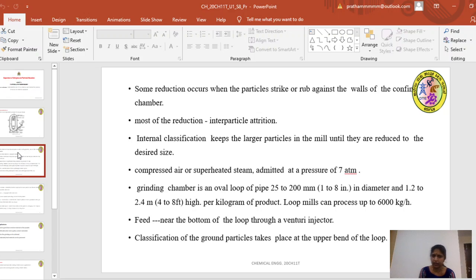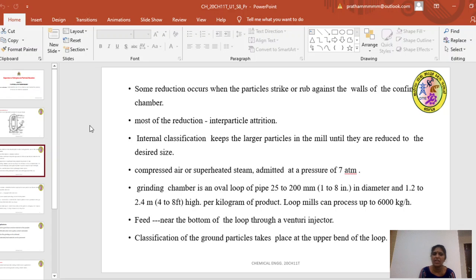The container can process about 6,000 kg of material for size reduction per hour.